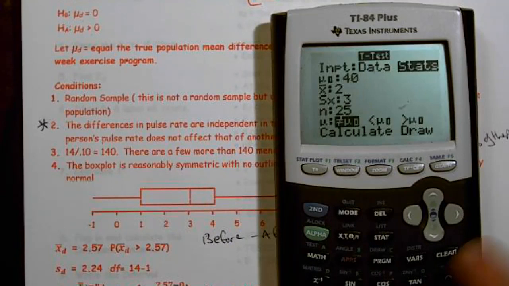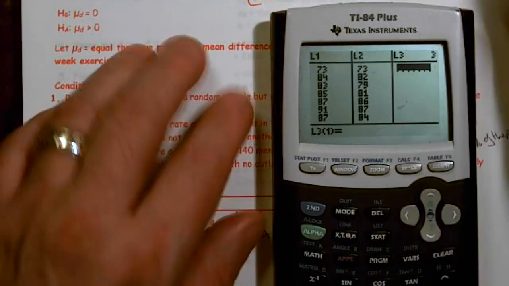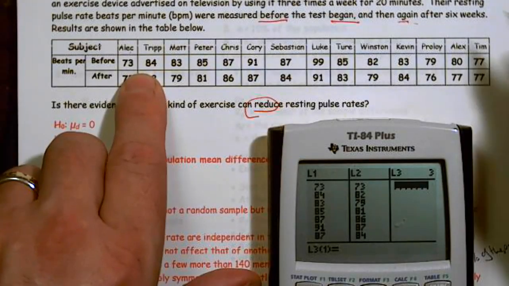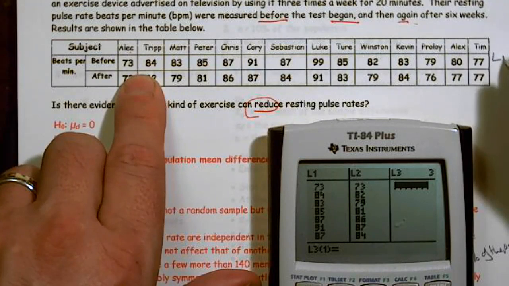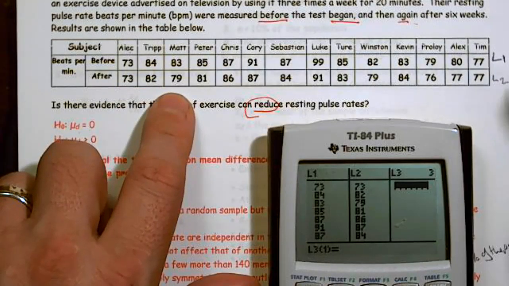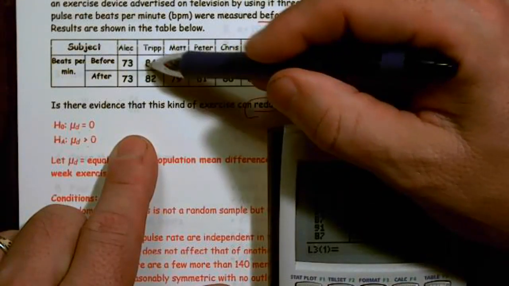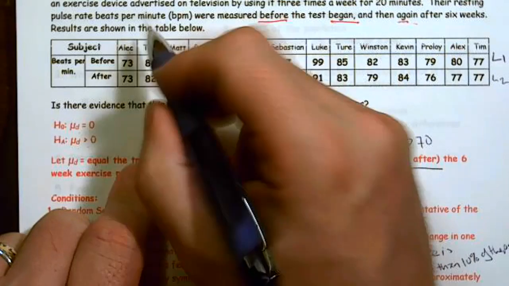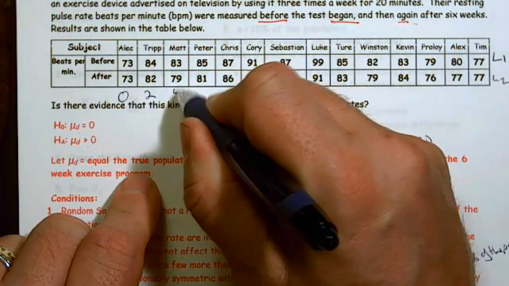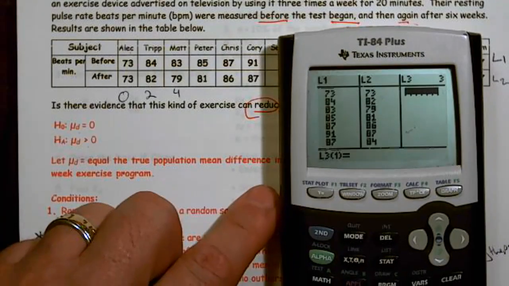Well, earlier I went to stat edit and entered the first row into L1 and the second row into L2. Now, what I really need to do is subtract all of these because we're looking for differences. So really, I should be going, okay, this is 0, this is 2, this is 4, et cetera, but I can get the calculator to do that for me very easily.